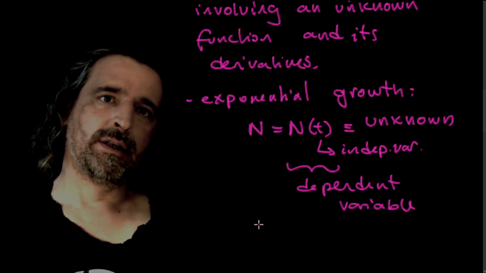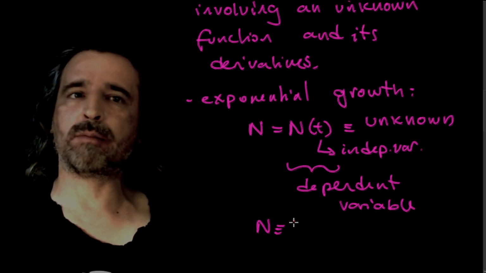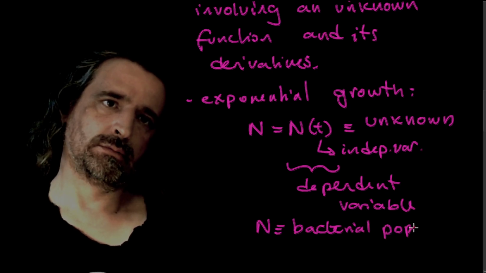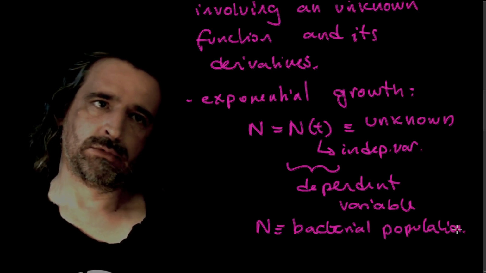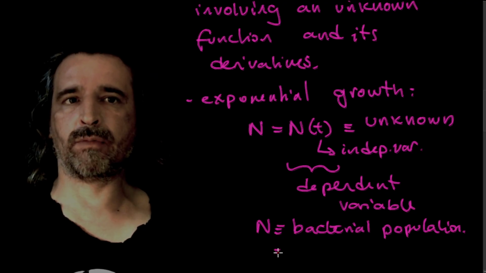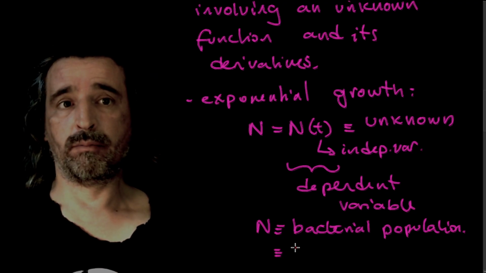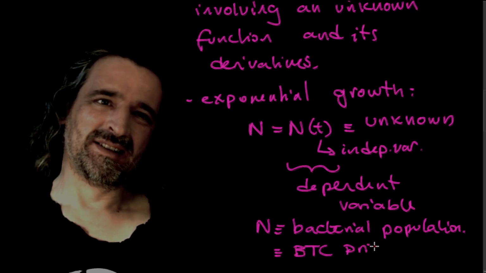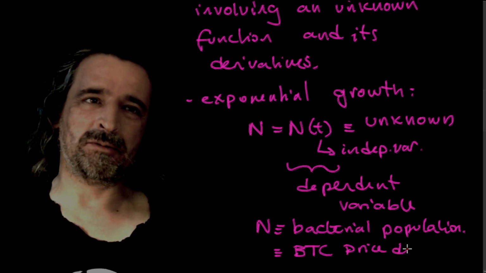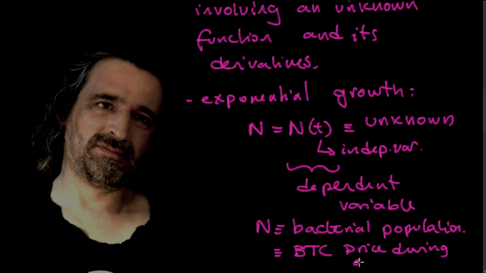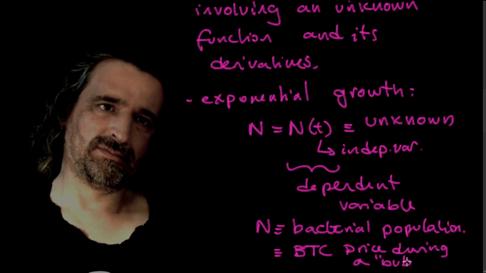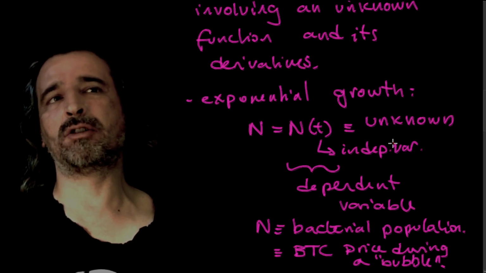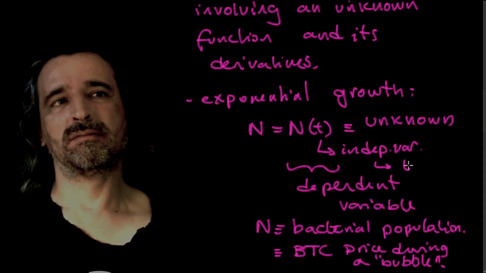So, for instance, n typically would be maybe a bacterial population, or it can be the BTC price during a bubble, right? And then the t could be time, right?